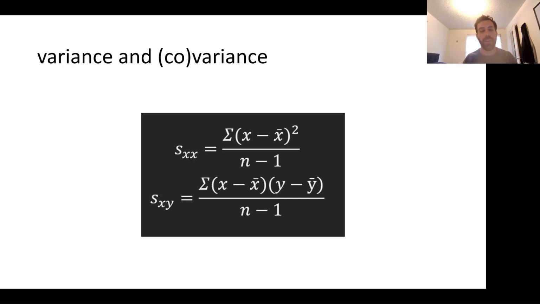So sorry to deviate from what we initially went over, where variance was just s squared. Now we have this double x over here, and this x and y. But if you can get used to this new notation, it's going to serve you really well through the rest of this lecture and hopefully future content.